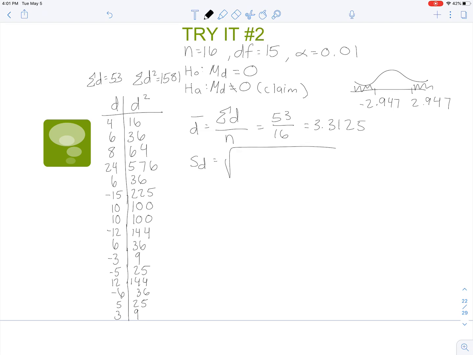Then find your standard deviation, which would be the sum of the D squareds minus sum of the D squared over 16, all over 16 minus 1.